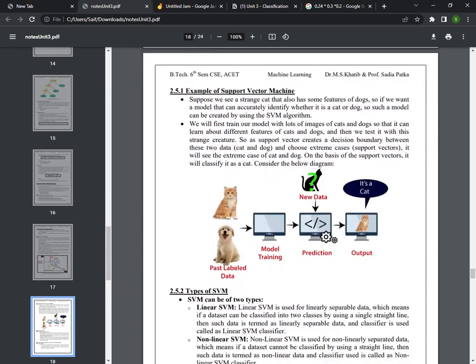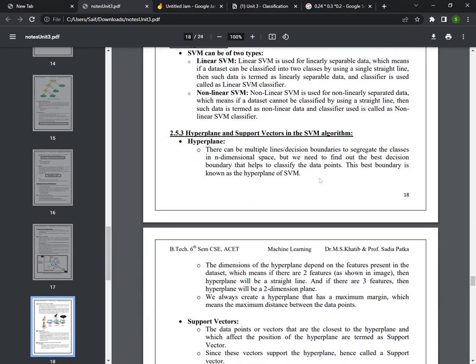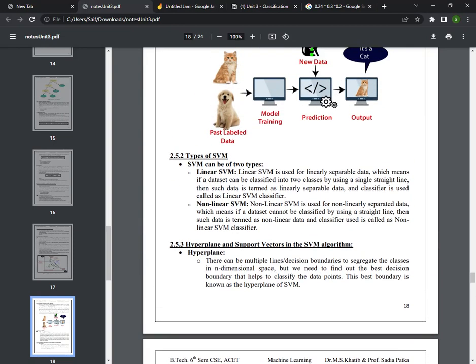And then there are types of SVM. The first one is linear SVM, and the second one is non-linear. Linear SVM is used for linearly separable data, which means if the dataset can be classified into two classes by using a straight line, it is called linear SVM.